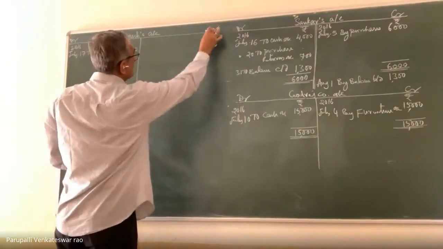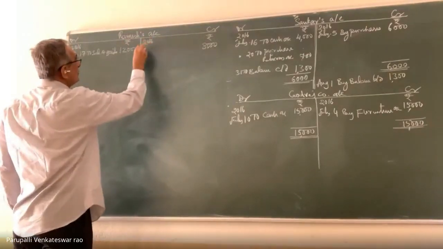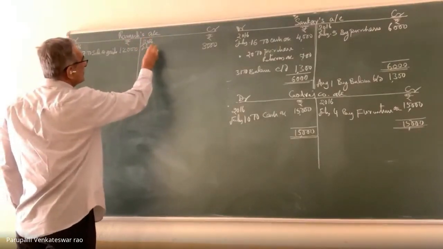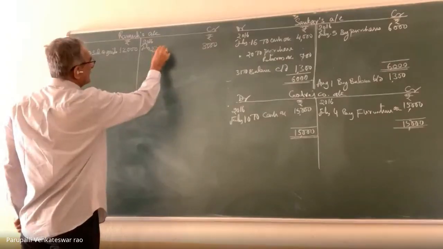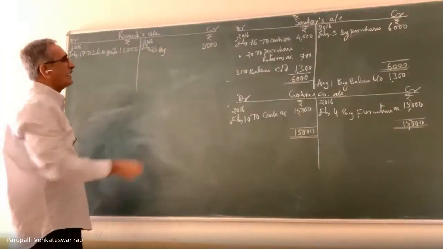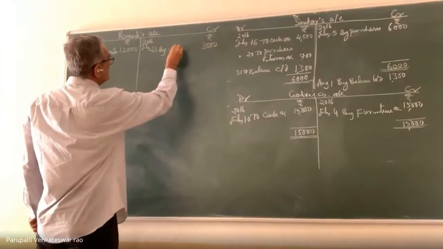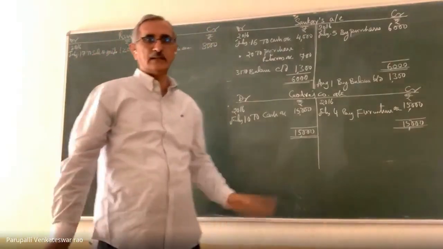So 8,000 is credited, on 23rd July 2016. Whatever the date, write the corresponding date. On the credit side, we start with BY: by cash account 8,000. So it is entered.